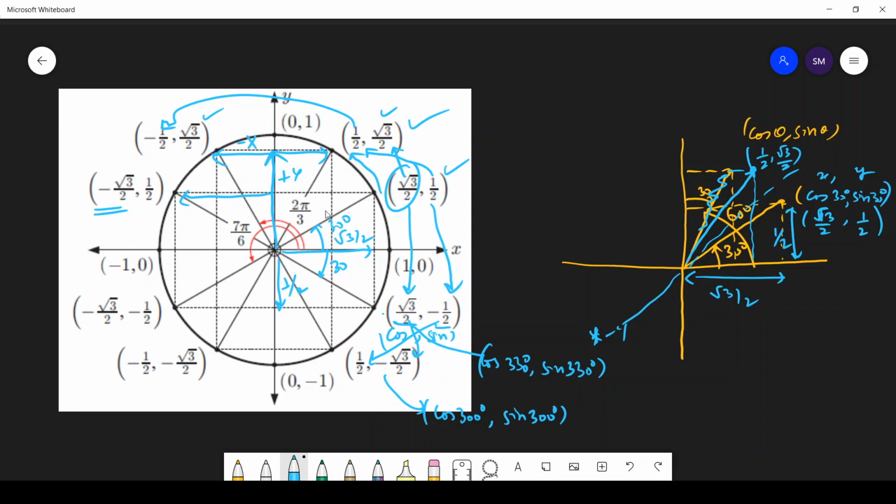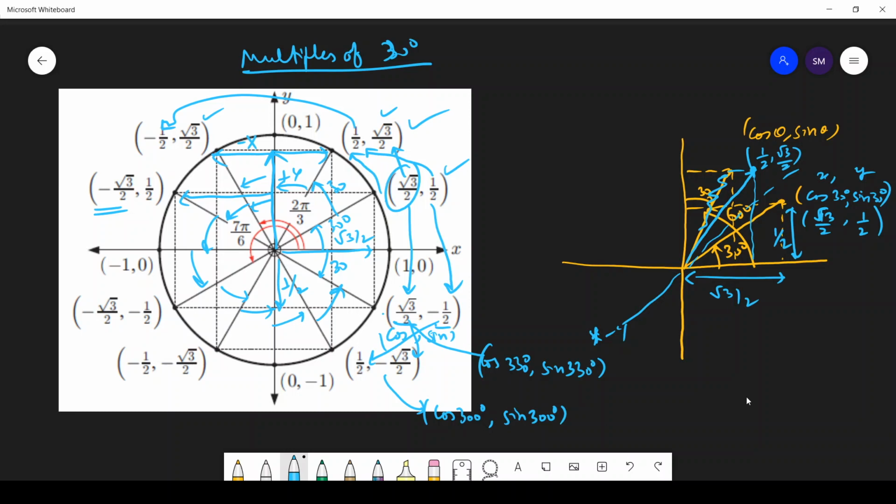Okay, so these are all multiples of 30: 30, then 30, then 30, then 30. Students, keep on moving 30, 30, 30, and you can easily draw this diagram. This is very easy. I hope you can draw it quite comfortably.